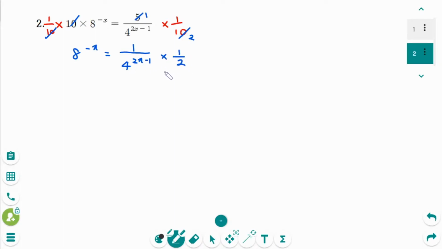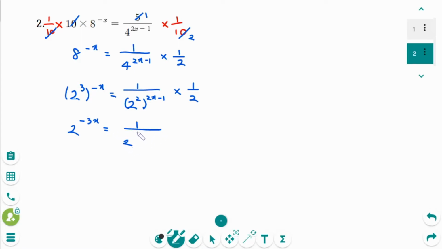We can rewrite as base 2. 2 cubed to the power of minus x equals 1 over 2 squared to the power of 2x minus 1 times 1 over 2. 2 to the power of minus 3x equals 1 over 2 to the power of 4x minus 2 times 1 over 2.